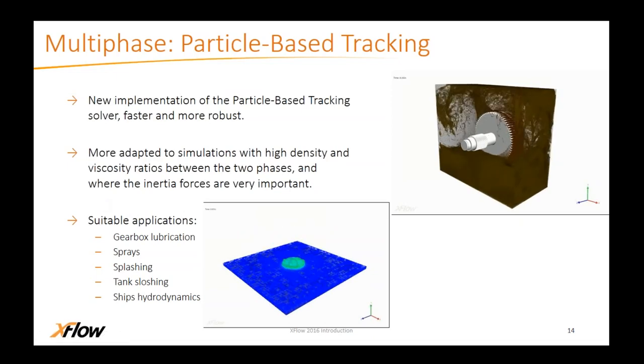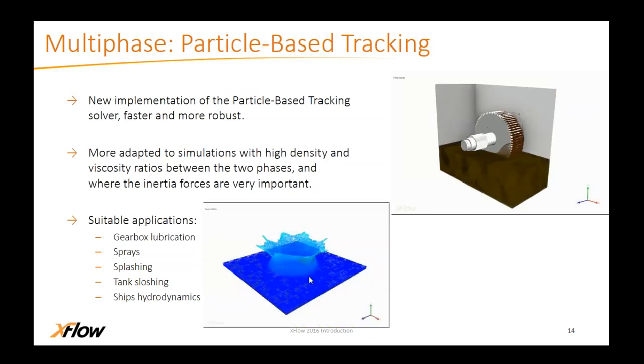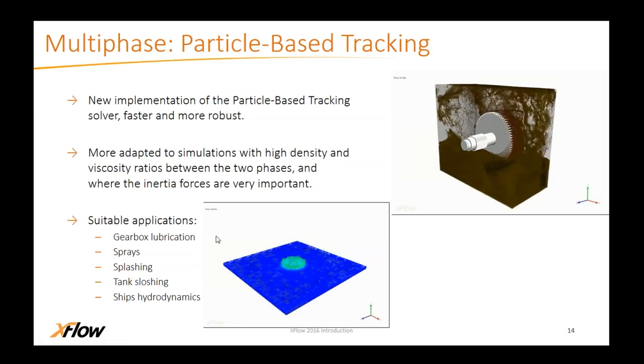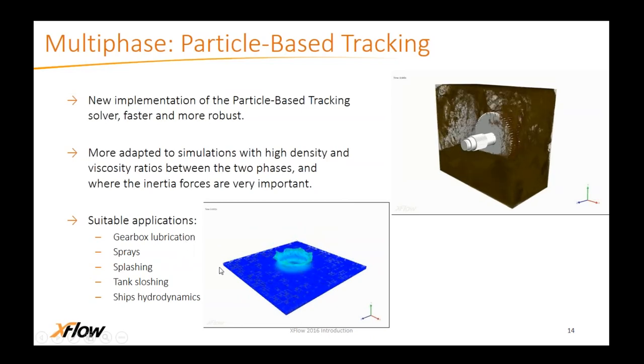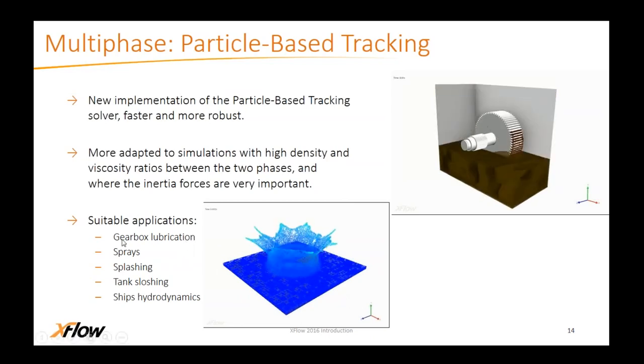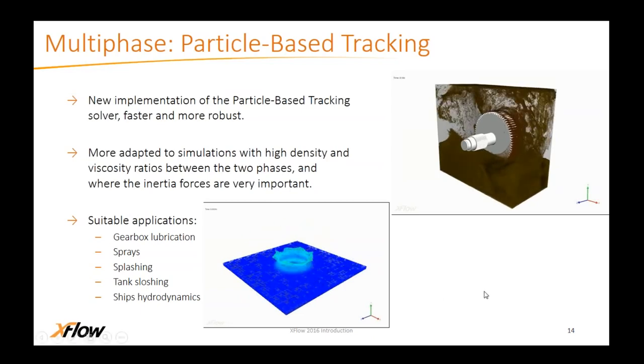That allows you to do, for example, gearbox lubrication problems, and you get a really good tracking of the droplets all along the system. So it's very good when it deals with strong inertia forces and high density ratios, and can be employed for gearbox lubrication, spray, splashing, tank sloshing, ship hydrodynamics, and a lot of different applications.